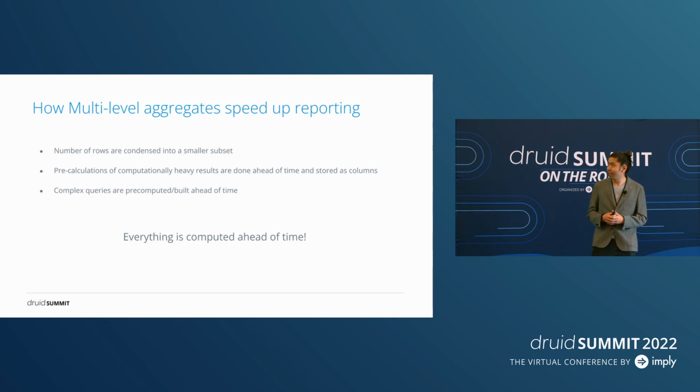What's beautiful is that if you know ahead of time what the reporting is going to look like, you can do all these pre-calculations and get rid of complex queries on the fly. You've already pre-calculated and put them in your roll-up tables. That's the beauty of having multi-level aggregates.